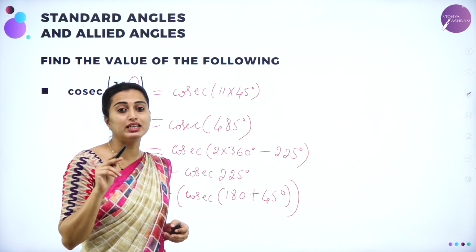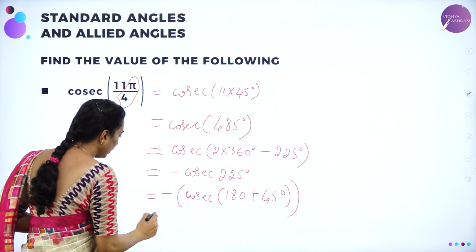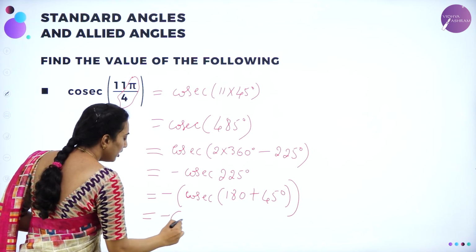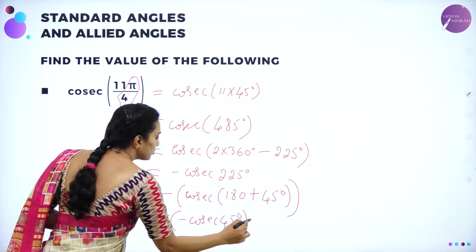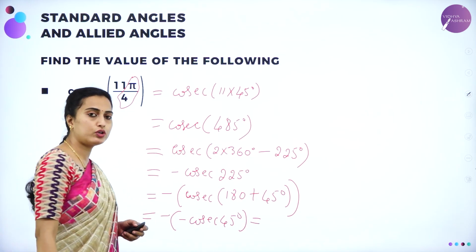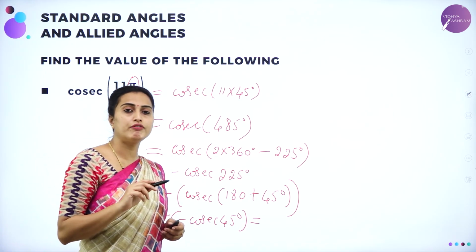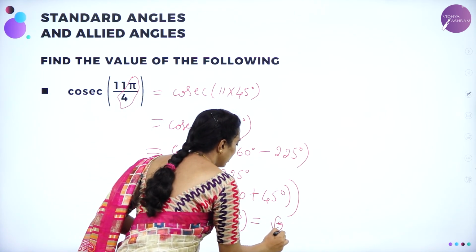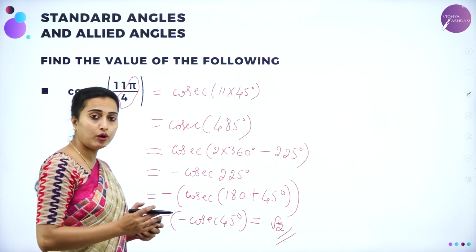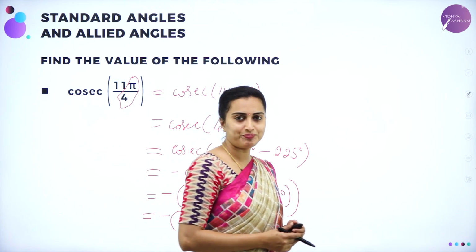In the third quadrant cosecant is negative. So, therefore, negative of here, minus cosecant 45 degree. So, negative into negative is positive, cosecant 45 degrees. Sine 45 degrees is 1 by root 2, so cosecant 45 degrees is root 2. That's it. I hope you got this sum.